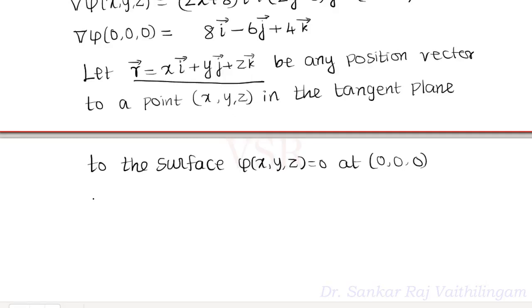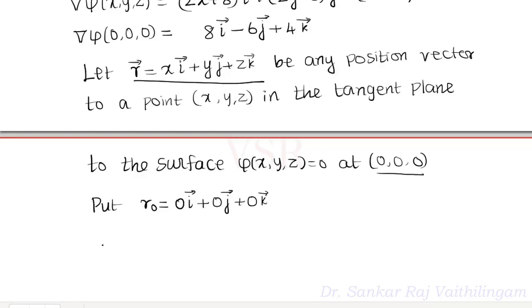அப்புறம் put r naught, which is the position vector of the origin. அப்போ 0 i vector plus 0 j vector plus 0 k vector.